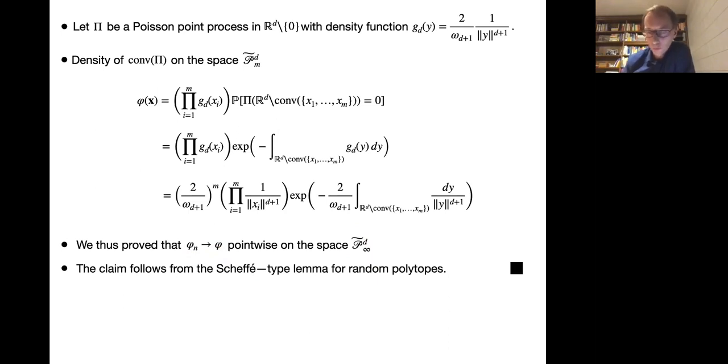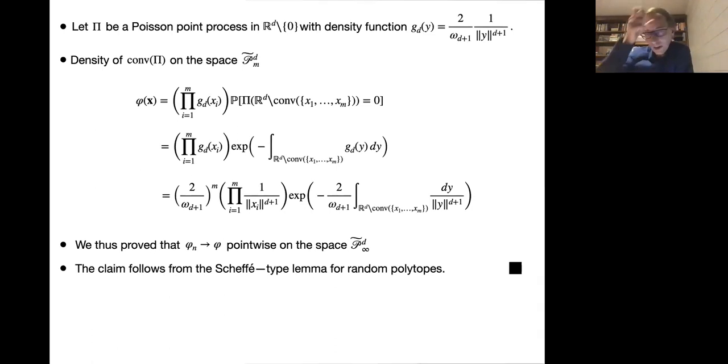And that's how you prove, or this is one of the possibilities to prove, weak convergence of random polytopes. And in fact, it was the only possibility that we are aware of to prove weak convergence of random polytopes of the kind we have.